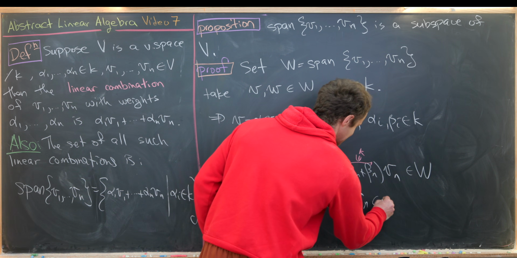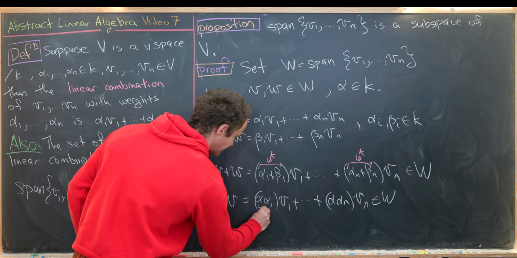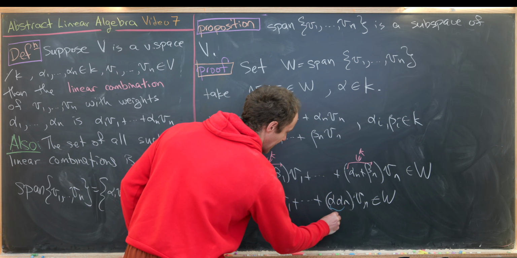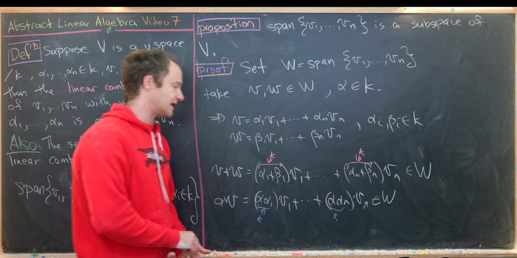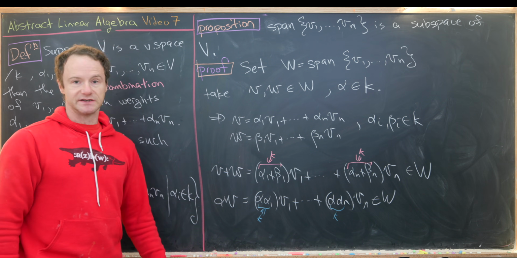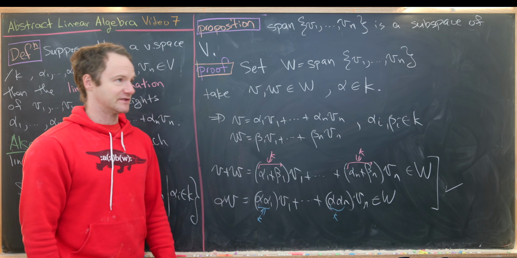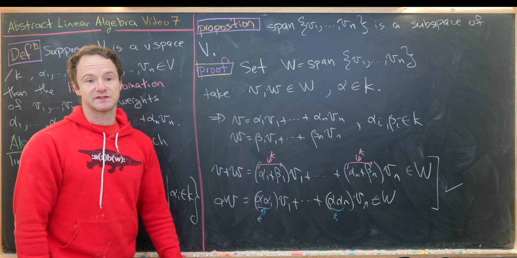But that has the shape that we need, again, because all of these products are in K. So this is indeed a linear combination of our vectors, which makes this object also in W. These two things together tell us that we do indeed have a subspace, and that finishes this proof.